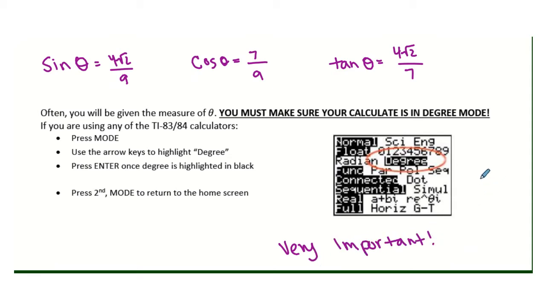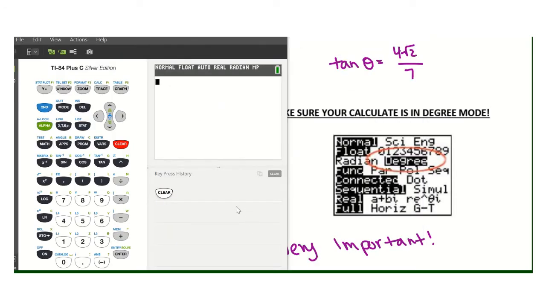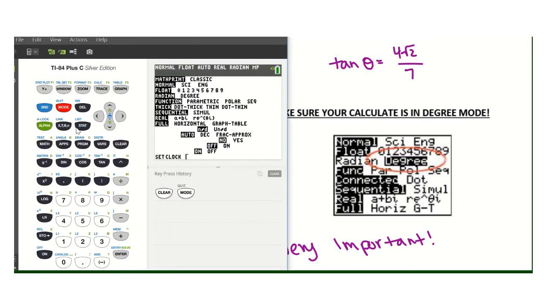If you're using a calculator app like Calculate 84, it has this option in there. You can go ahead and download that. It's a free app. To do that, you click on Mode, and then you scroll down to where it says Radian Degree, and you want degree to be highlighted.